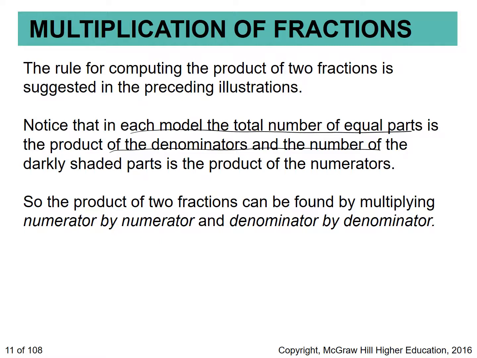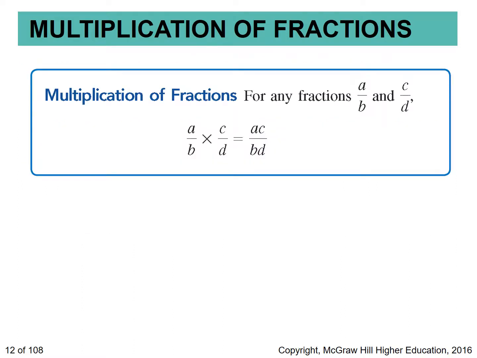And the product would be the darkly shaded parts when we went back and shaded those. So basically what we can say is we can find the product of two fractions by multiplying numerator by numerator and denominator by denominator. So this is the rule you're used to seeing.